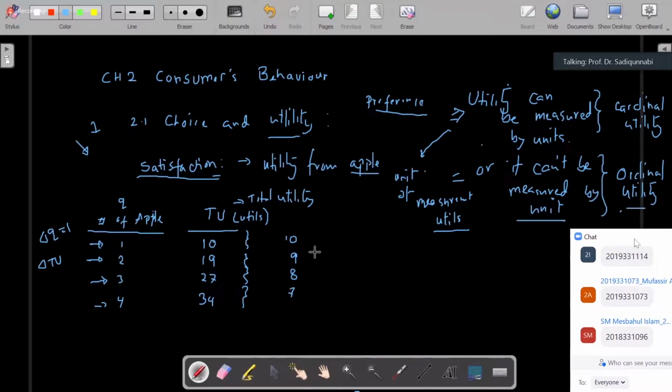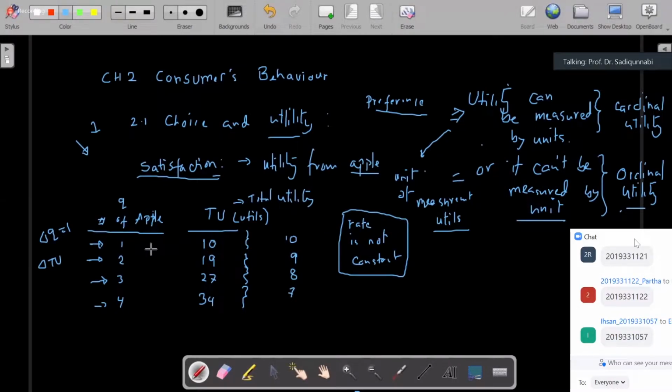So you see that your total utility is not at a constant rate. Why? Because it is our human behavior. Our satisfaction level does not change at the same rate.